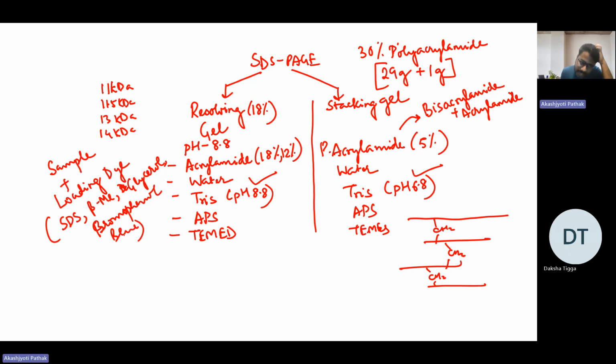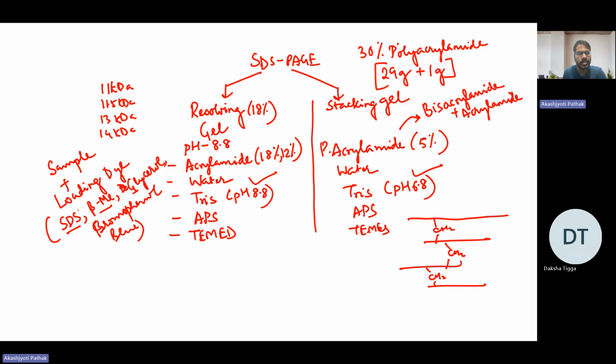So when you are loading the sample on the gel, you mix your sample with the loading dye, which is there in your lab. The loading dye that is prepared has these different components: SDS, beta mercaptoethanol, glycerol, and bromophenol blue. We will understand the function of each of these components.